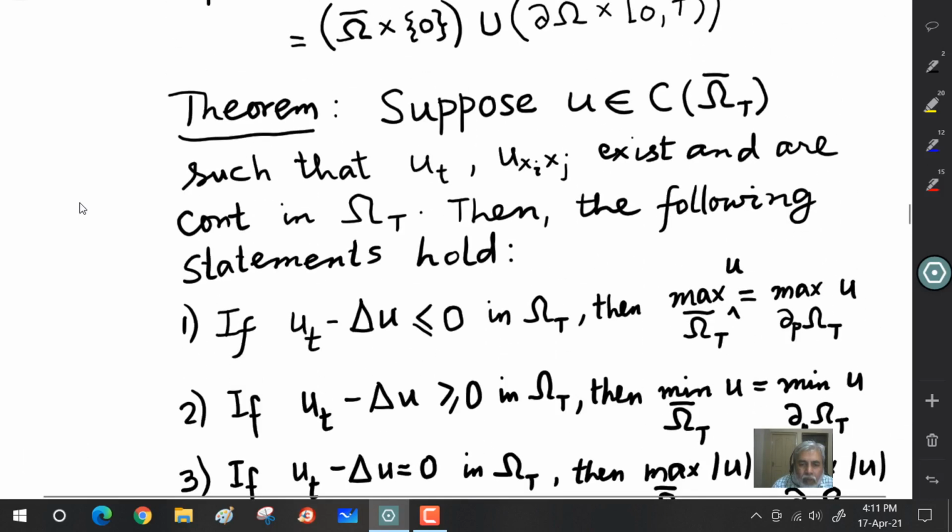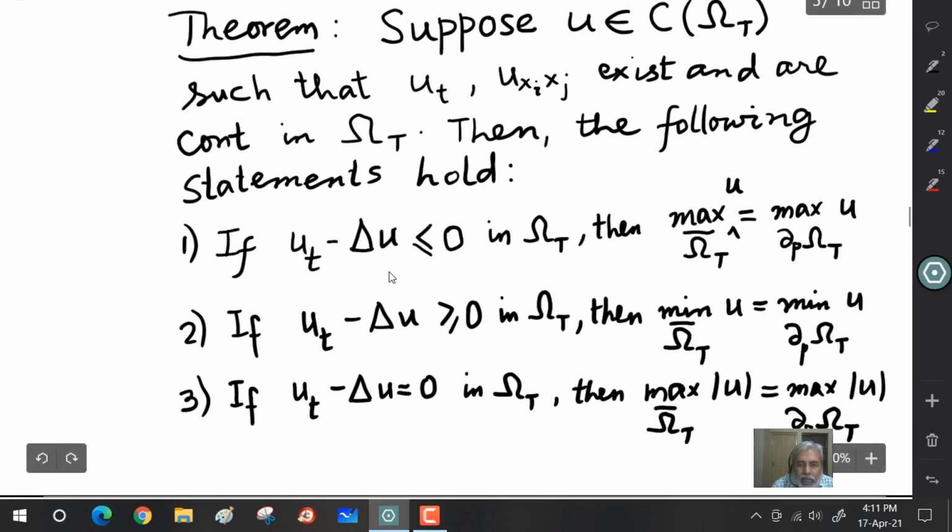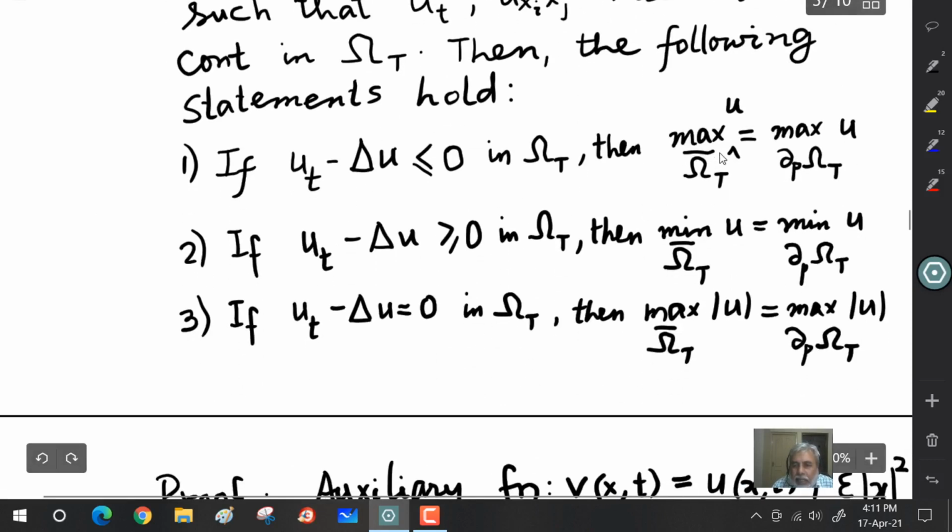If ut minus Laplacian u is less than or equal to 0 in omega t, then the maximum of u in omega t bar is the same as the maximum of u on the parabolic boundary. Similarly, if ut minus Laplacian u is bigger than or equal to 0 in omega t, then the minimum of u in the whole omega t bar is the same as the minimum of u over the parabolic boundary.